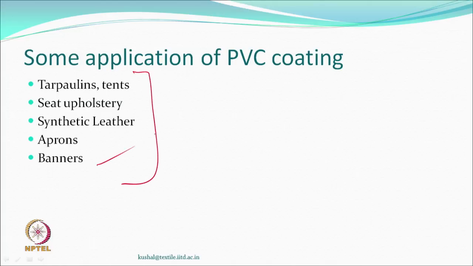The banners that you see on the roadside, the aprons people wear, particularly in chemical resistant systems, synthetic leather, upholstery, tents and tarpaulins, all of them can be made by PVC as well. And if you have a coating, you can make designs also on top of these and they will stay.